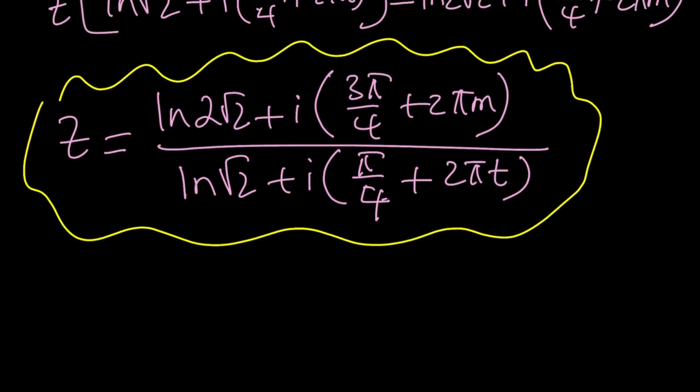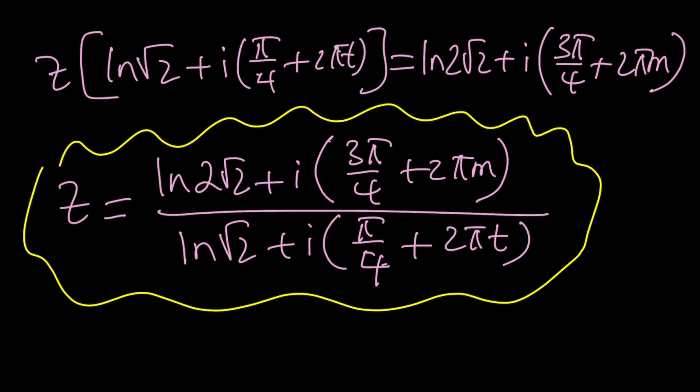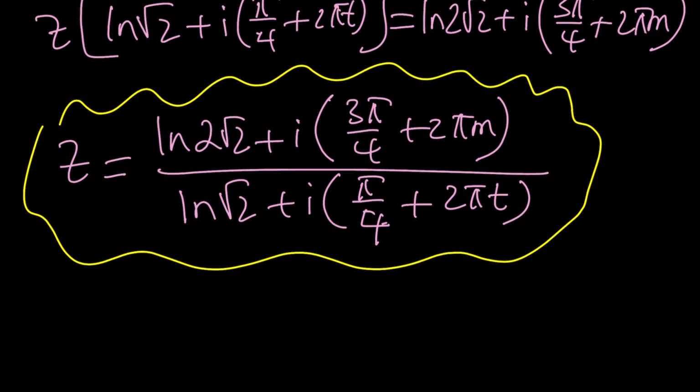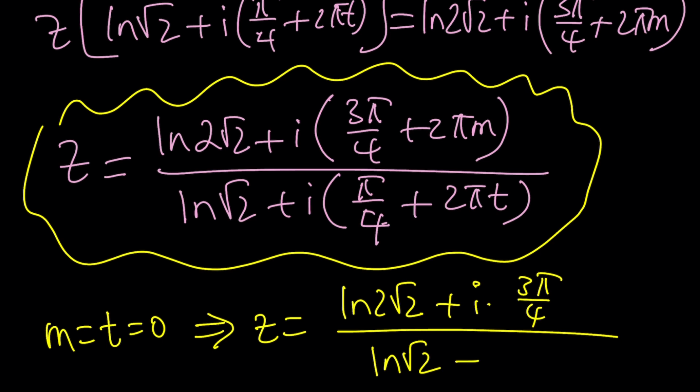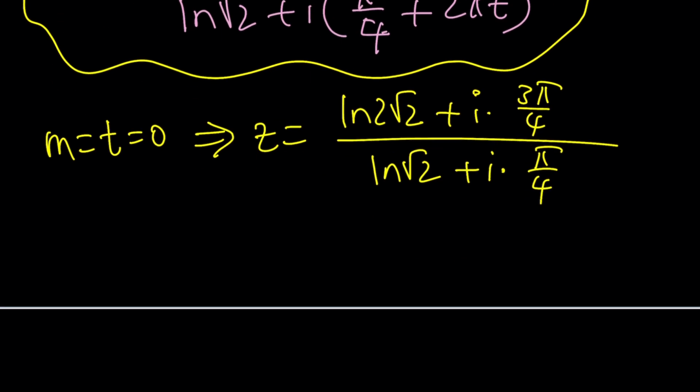We're also going to check Wolfram Alpha. But here's what we can do. If m and t are both 0, which is going to give you the principal values, we're going to get something like this: ln 2 root 2 plus i times 3 pi over 4 divided by ln root 2 plus i times pi over 4. Now, if you look at this very carefully, you're probably going to realize that 2 root 2 is root 2 cubed.